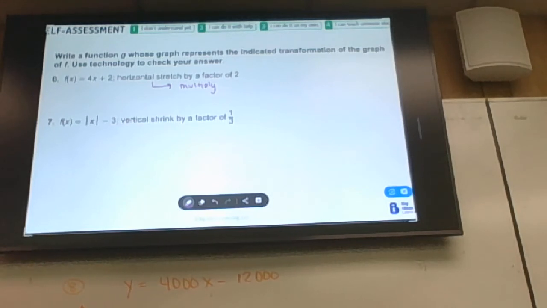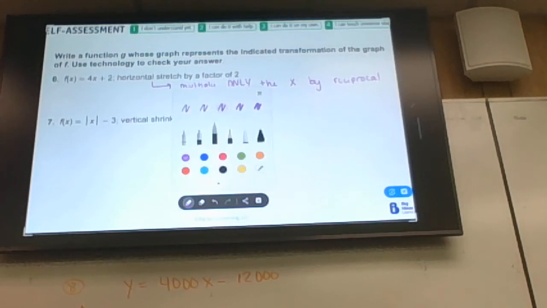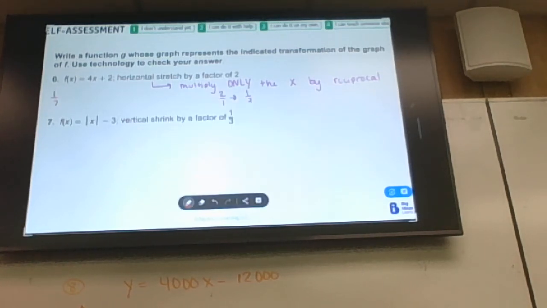Pull. If you only took the picture and didn't write it down, write it down. To do a horizontal anything, stretch or shrink, you multiply only the x by the reciprocal. So I'm going to go from 2 over 1 to 1 over 2. I don't need parentheses, I'm only multiplying the x value.